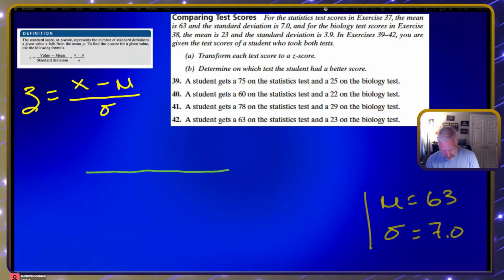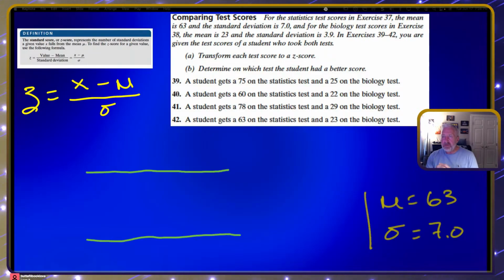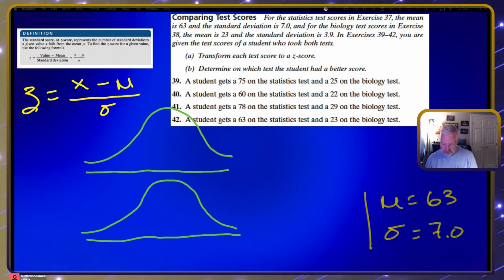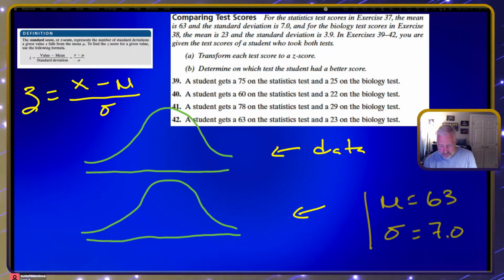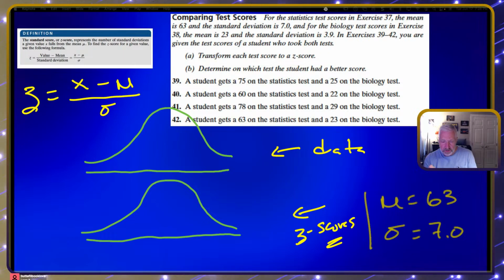You know that above each one of these lines is going to be a normal curve. I hesitated to draw it, but that's actually okay. Let's say that we have a normal curve on top of a normal curve. Let's talk about data in this top curve, and in the bottom curve, we'll talk about z-scores. So in the top curve, we've got the data which was given.